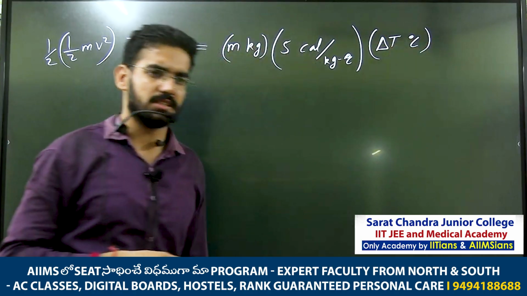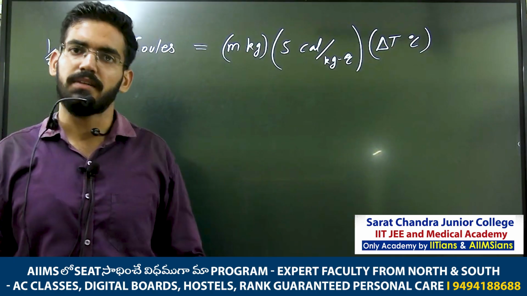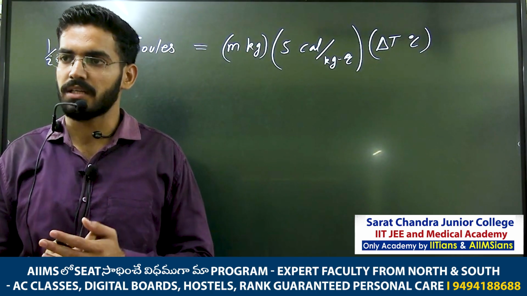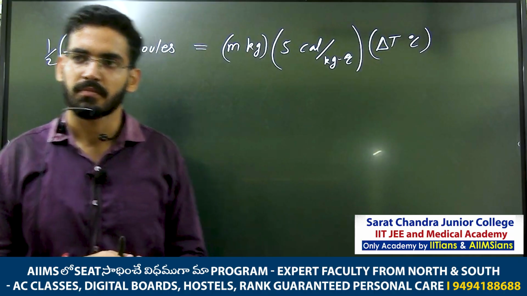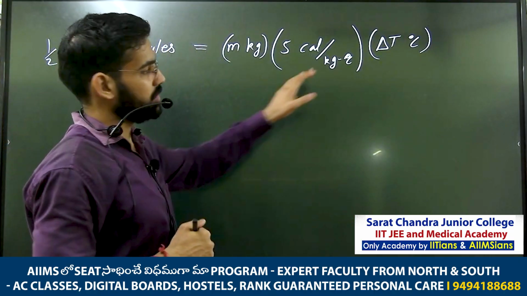If it is a temperature difference, you can put Kelvin or degree centigrade, it doesn't matter. Actually it should be Kelvin, but it will not matter for a temperature difference.